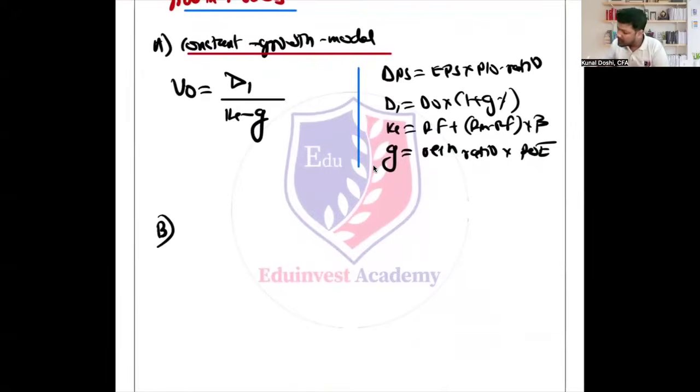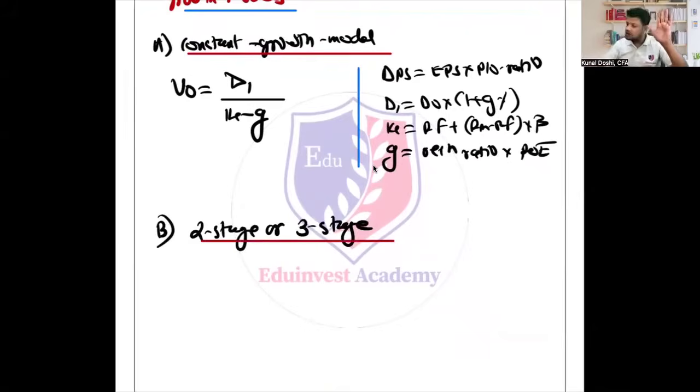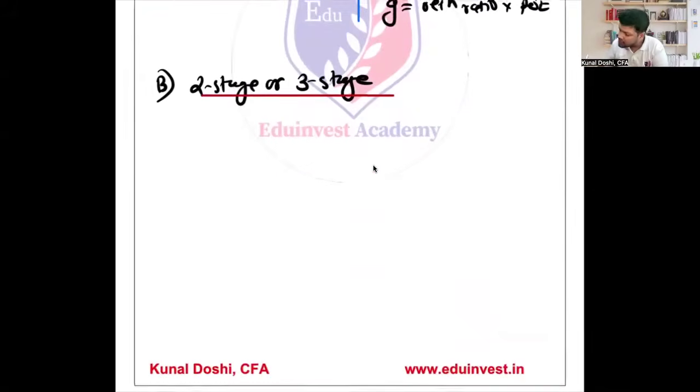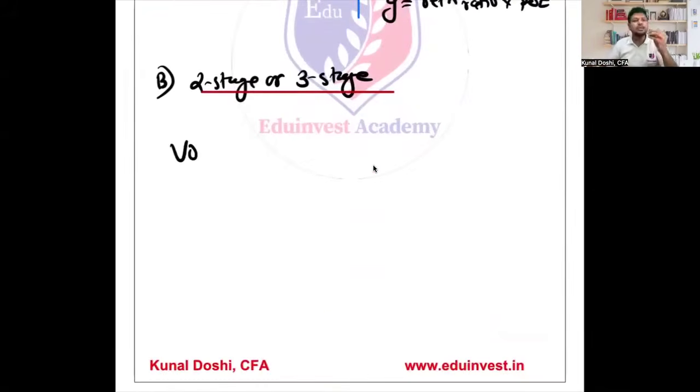Now, guys, two-stage or three-stage. The formula is no different here. In two-stage or three-stage, again, assuming let's say a 3-year period, I will have D1 plus D2 plus D3 plus P3, same like before.